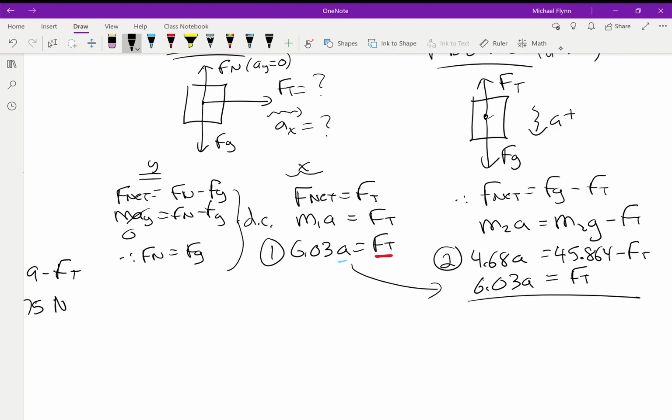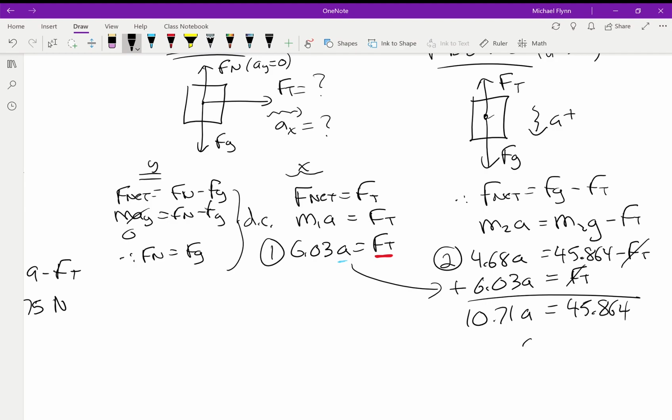So anyway, if I just add these two equations, the tension always goes away, and I'm left with 4.68, I'll just use a calculator, I'm getting lazy, 4.68 plus 6.03 equals 10.71. So 10.71a equals 45.864.